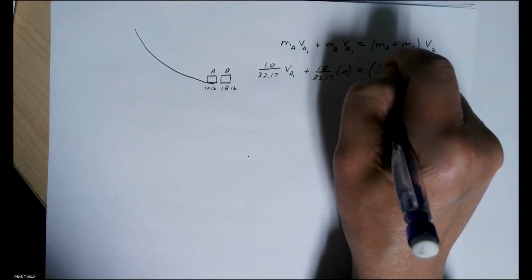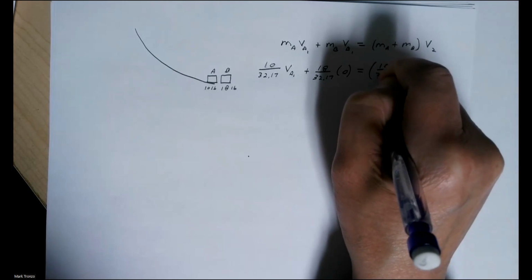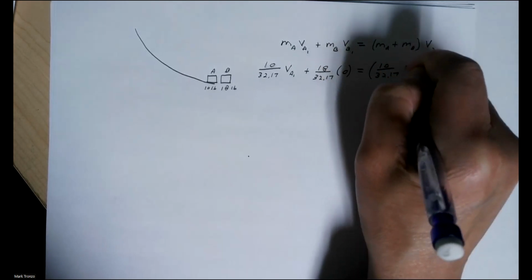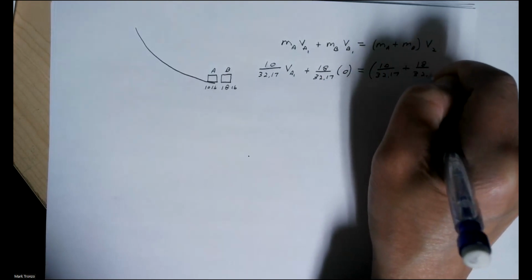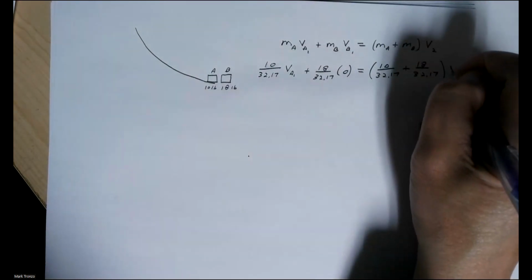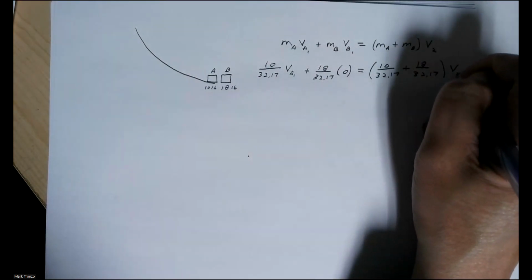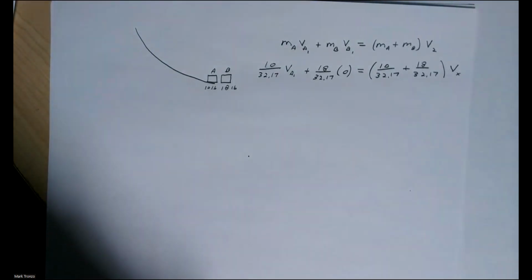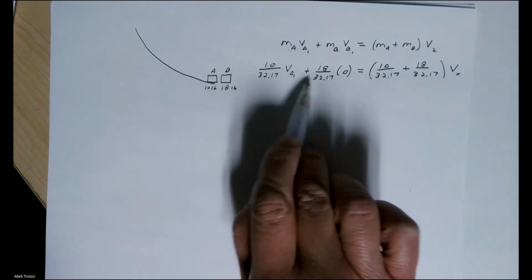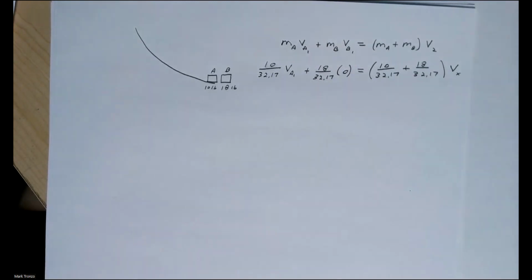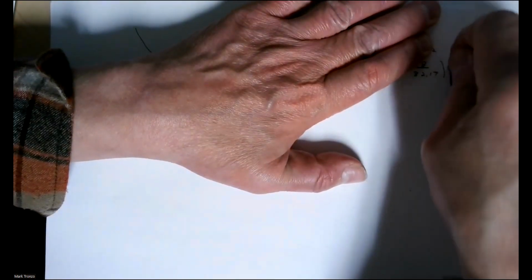Then we're going to have the mass of A plus the mass of B just after impact. And then we'll have our final velocity like this. So if we put all this into the calculator, and by the way, we do know this final velocity.